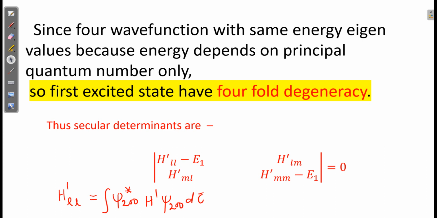Because there are 4 wave functions, one side can be taken as fixed and the other side can vary. It may be 4 values. So H dash LL has 4 values, H dash LM has 4 values, H dash ML has 4 values, H dash MM has 4 values.